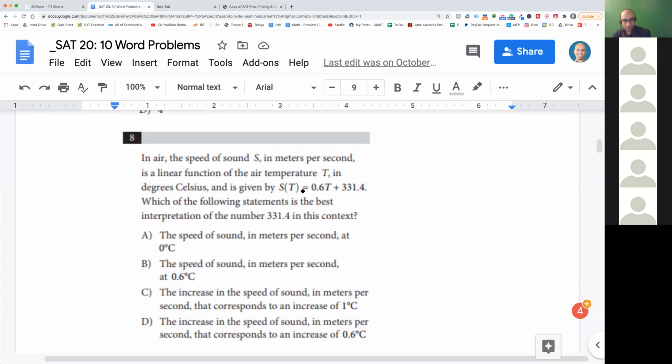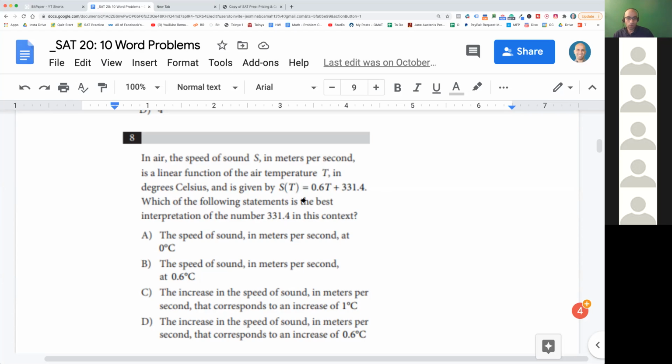You just need to look at this linear equation right over here, and they're asking you what is 331.4? Remember what I said, this constant here is just a starting value, or the value when this t is equal to 0. And so you can easily see the speed of sound at t equal to 0 is what 331.4 is.